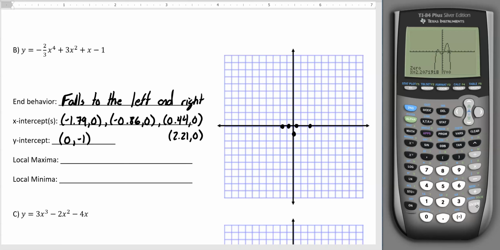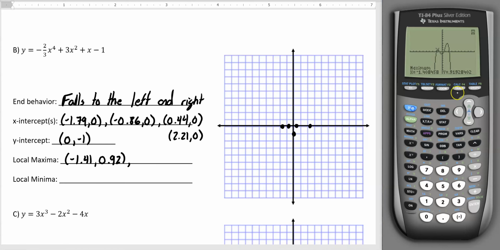Okay. Now the maxima, I have 2 local maxima here. So let's find those. Maximum. The first one, I'm going to work my way back over here. The first one is in the second quadrant here. There we go. So to the left and the right, press enter. Negative 1.41, comma 0.92.